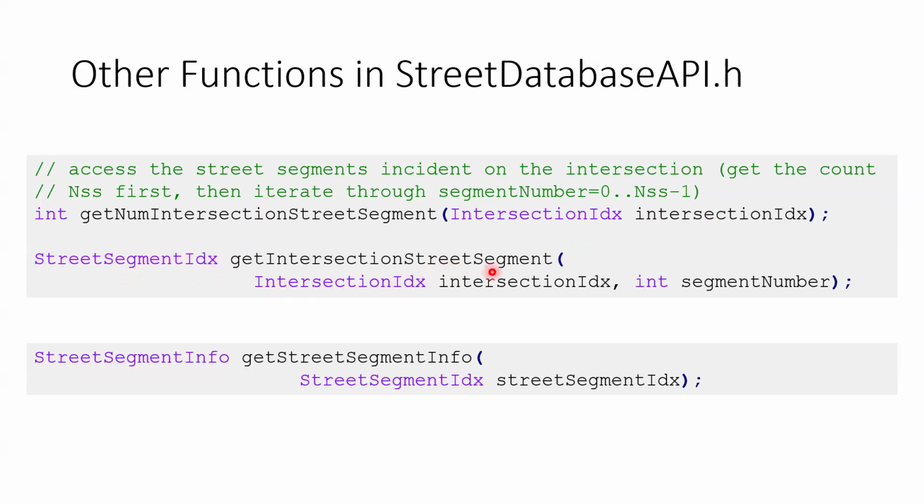Get intersection street segment takes in the intersection ID and the segment number. The segment number goes from 0 to whatever's returned from this minus 1, and this returns the street segment index. Then you can use the street segment index to get the actual street segment info.